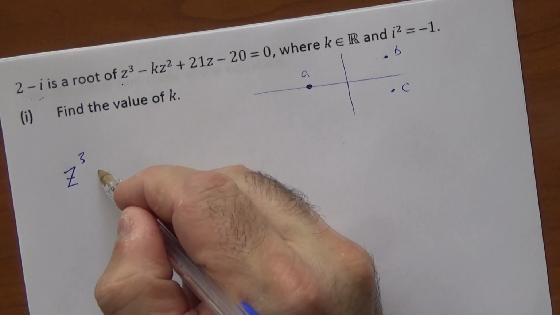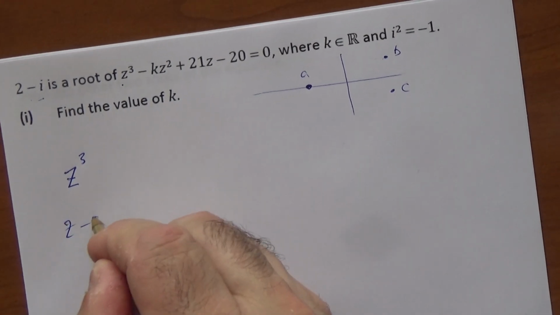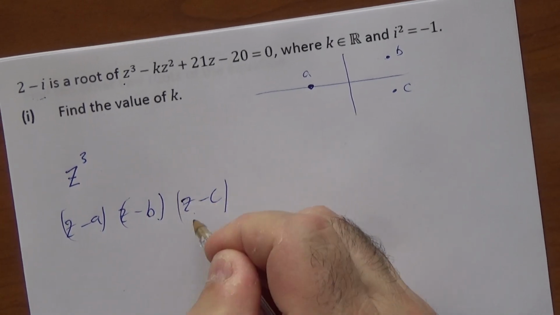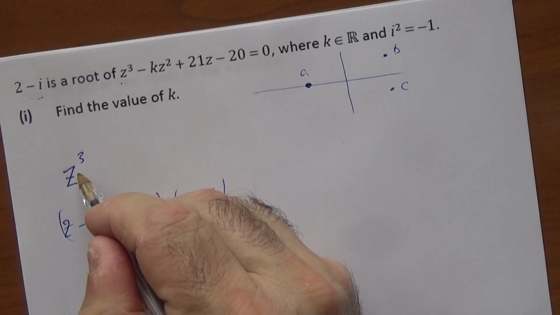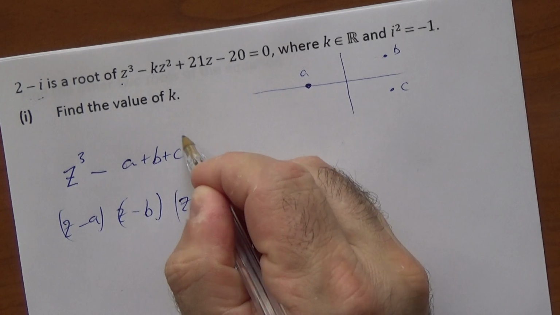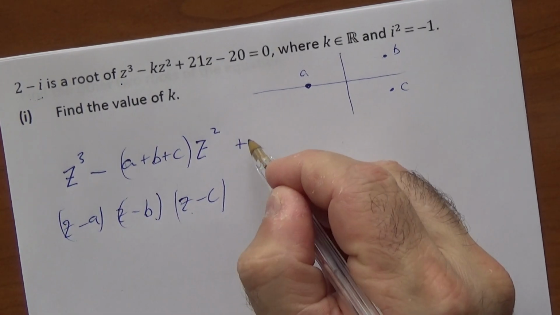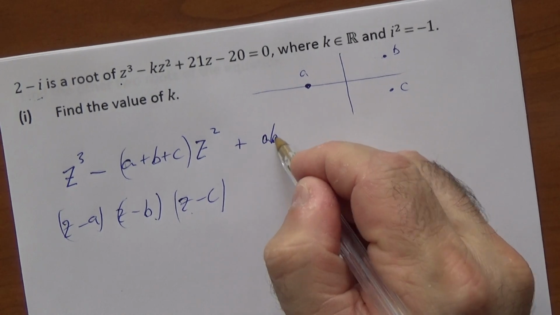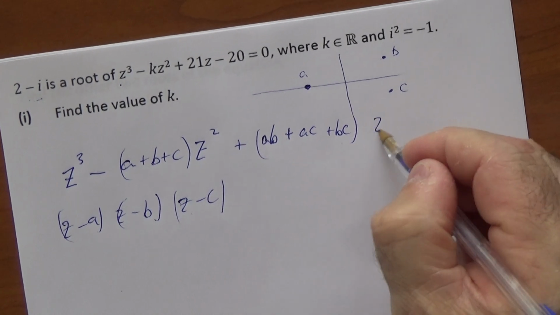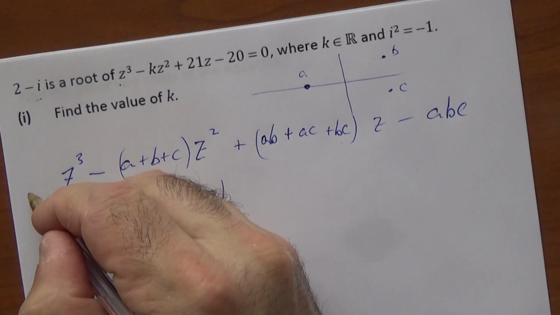So you can do the analysis very simply. z minus a, times z minus b, times z minus c, expanded, would give us z cubed minus the sum of the roots on z squared, plus the sum of the cross products on z, and minus the product of the roots. That is what f of z looks like.